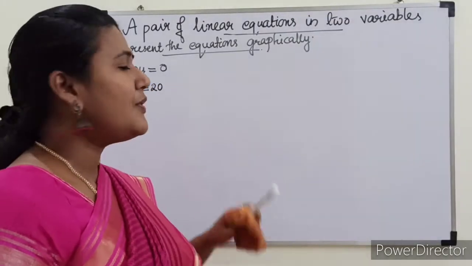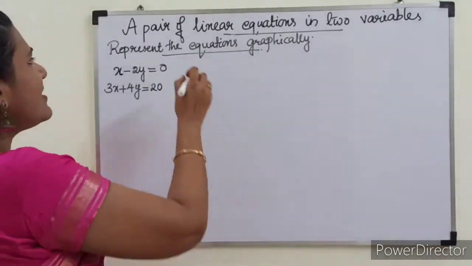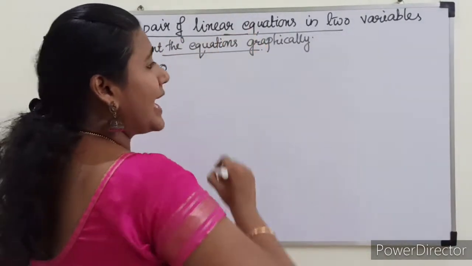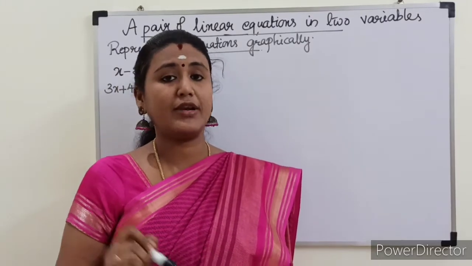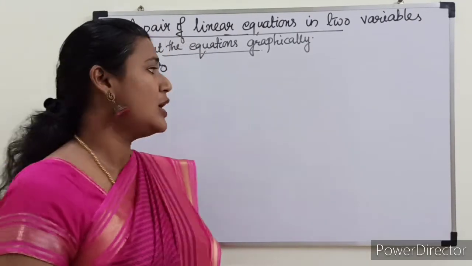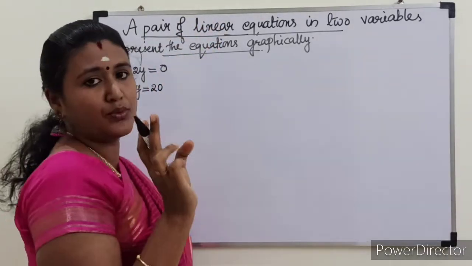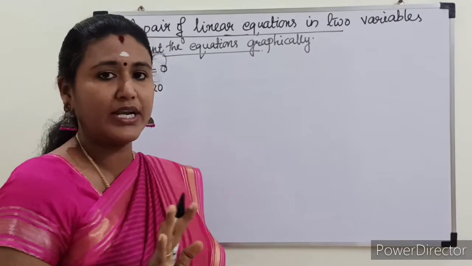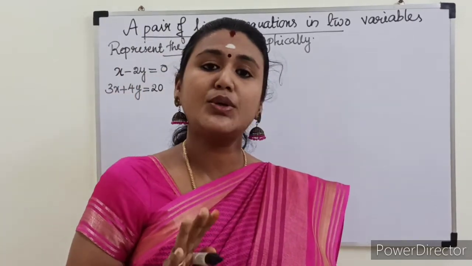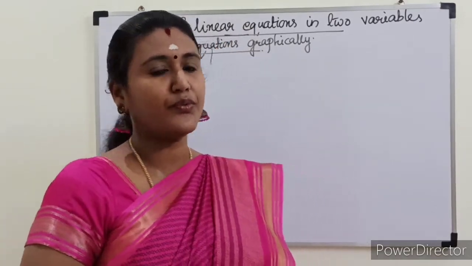So here, before going to this example, first we will see what is a pair of linear equations, because our chapter is a pair of linear equations in two variables. So pair means two. In this chapter we are going to consider two linear equations in two variables.